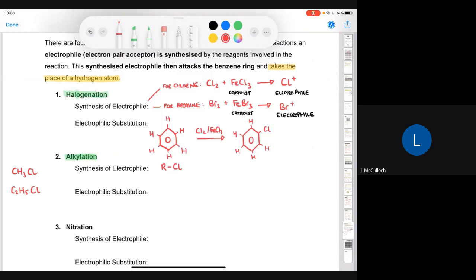And we react that with an aluminium chloride catalyst, AlCl3. And what we'll get in that reaction is a positively charged alkyl electrophile.